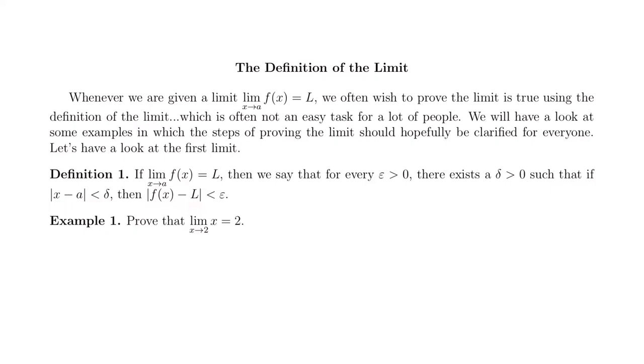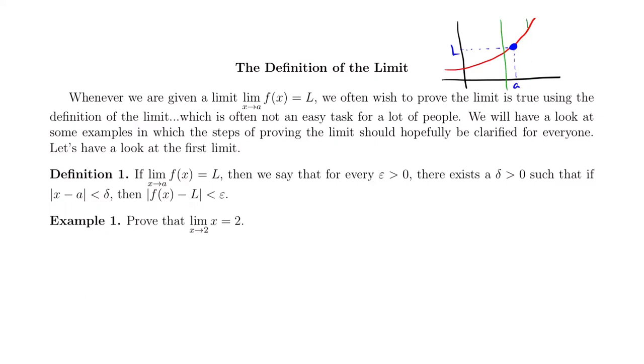So if you want to visualize this, say we have a function that goes maybe somewhat like this, and we want to show that, if this point is the limit, so this is going to be a, and that means this limit here is going to be the L. So if we consider two bars here, these are going to be the delta lines.